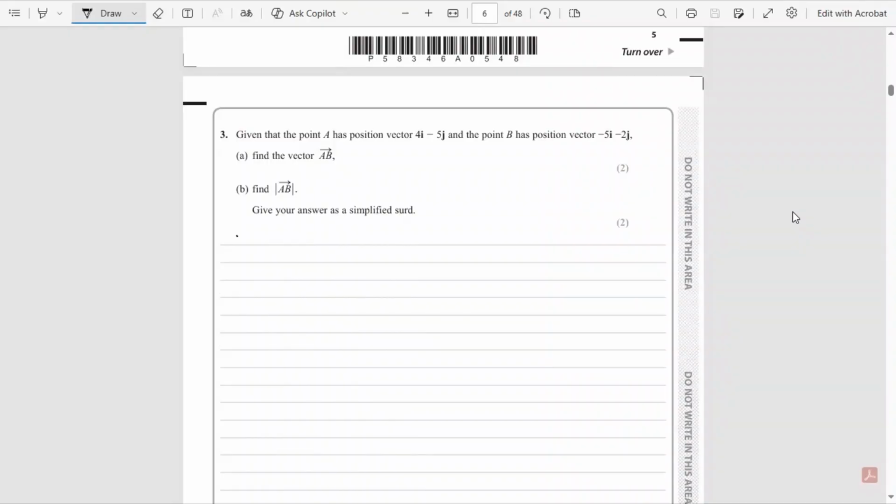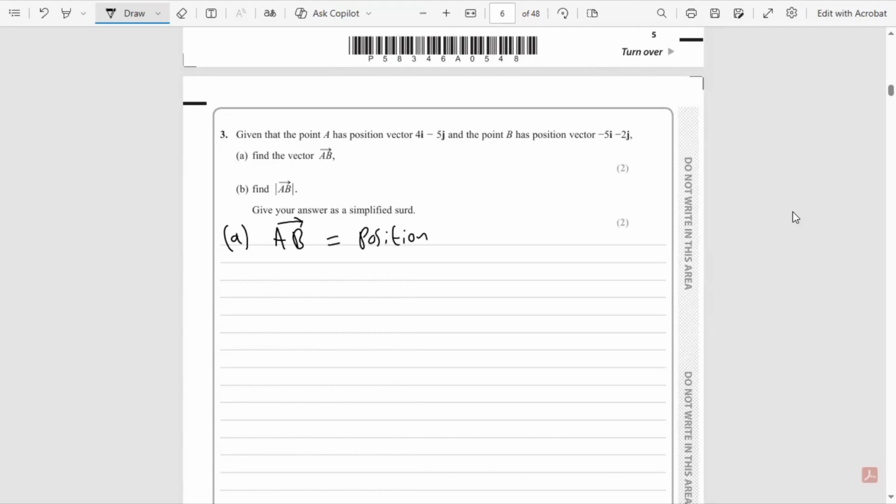Now, as I've talked about in previous videos of mine, if we want to find a vector from position A to position B, this is the position of B subtract position A. So this gives us minus 5i minus 2j, and then subtract 4i minus 5j.